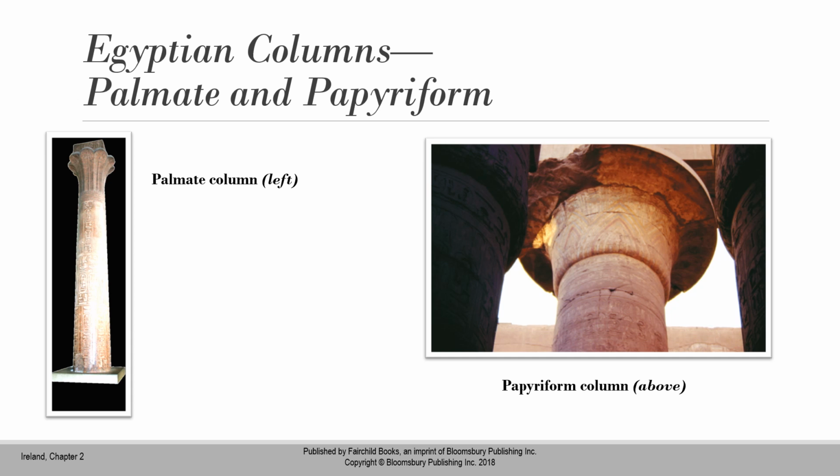Plant-style columns were an early form of column and again resembled bundled reeds and plant stems, sometimes made of polygonal shafts. These are some of the most interesting columns in Egypt and were the first stone columns on Earth. They were used in non-secular buildings and rarely in religious architecture.